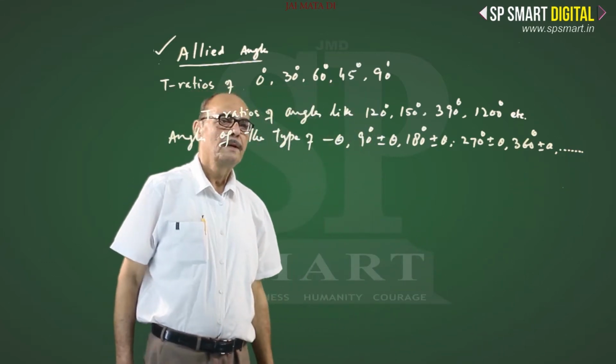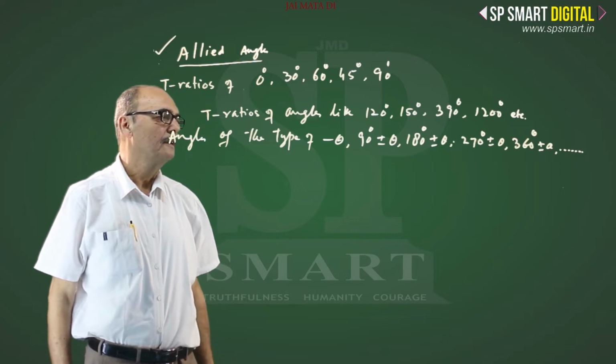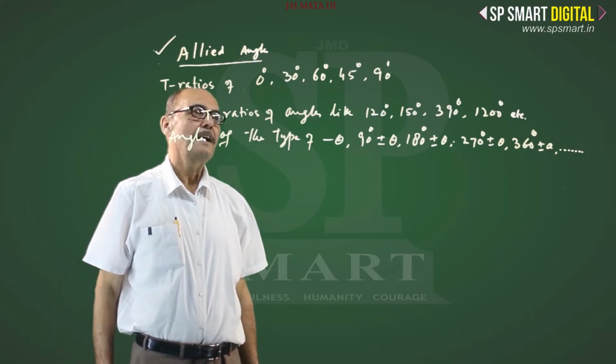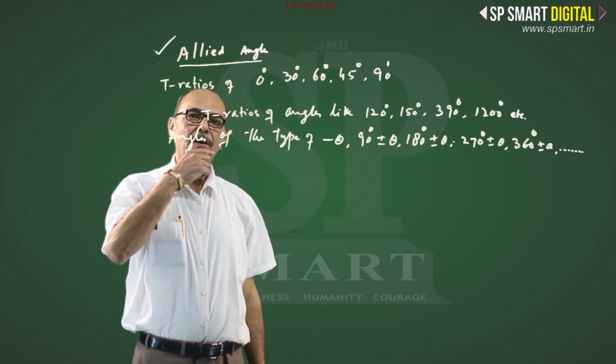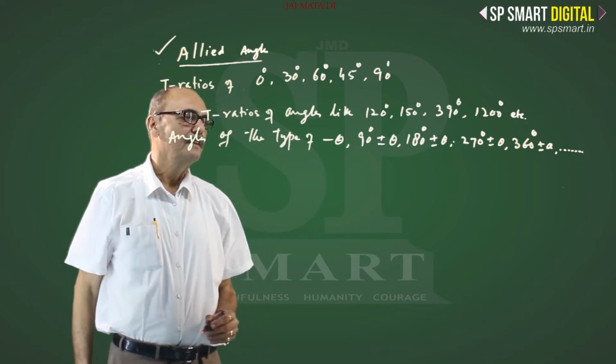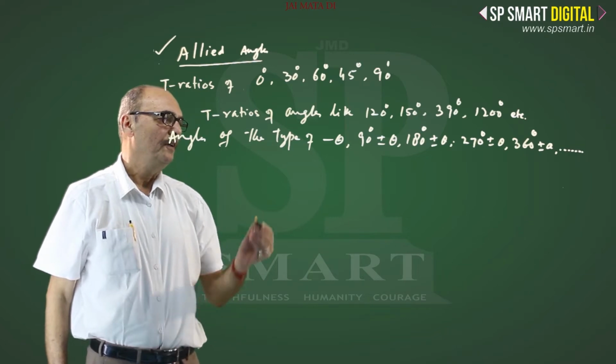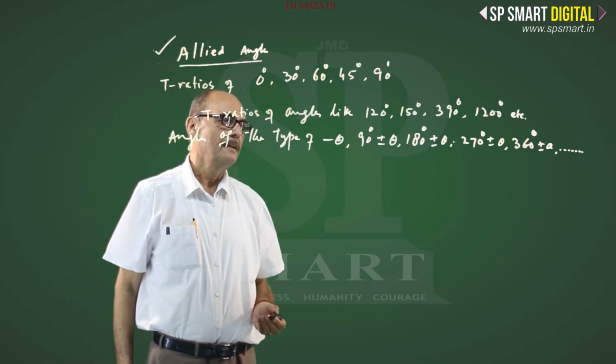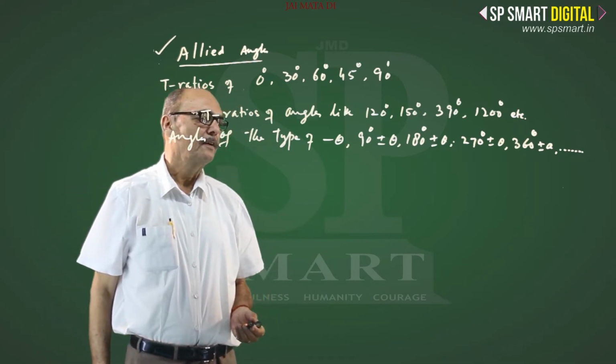We term this type of angles as allied angles. Now in this case, the difference of any two angles is a multiple of 90 degree.